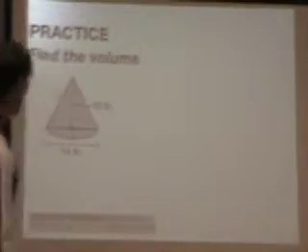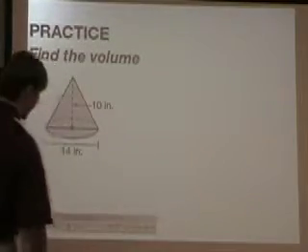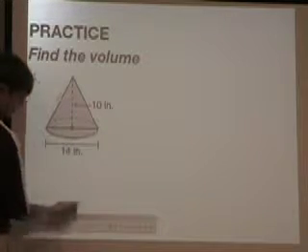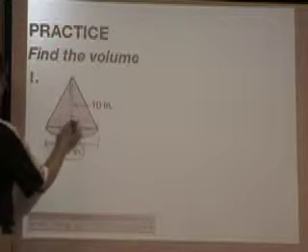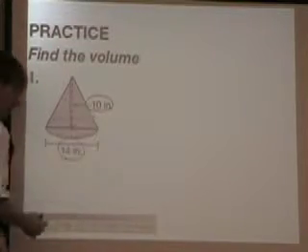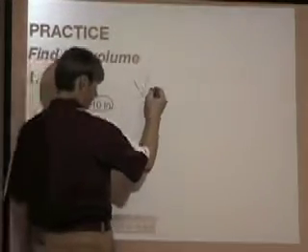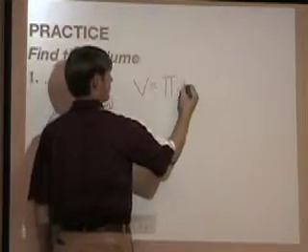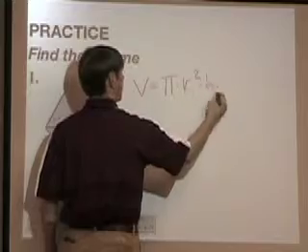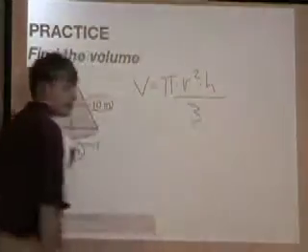So right here we have a cone, and it gives us the diameter is how much? 14. And the height is how much? Now the formula is volume equals what? Pi times r squared times the height, all divided by 3, right?